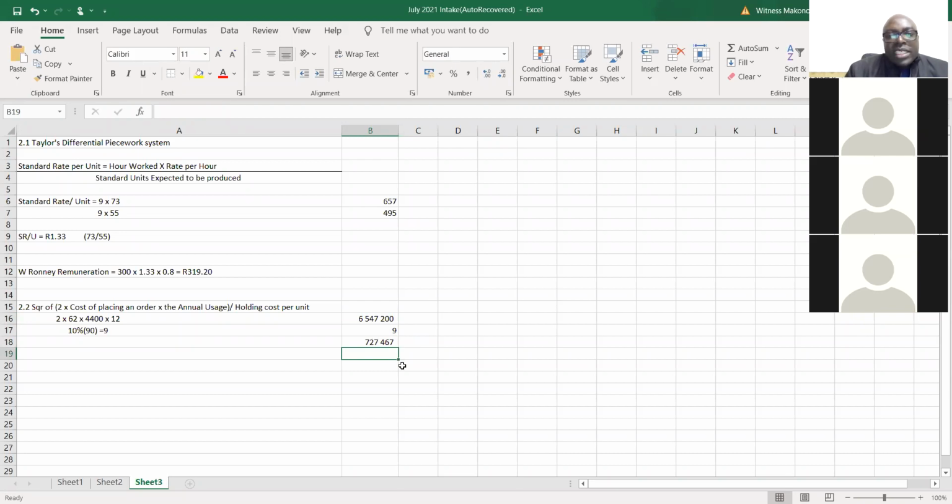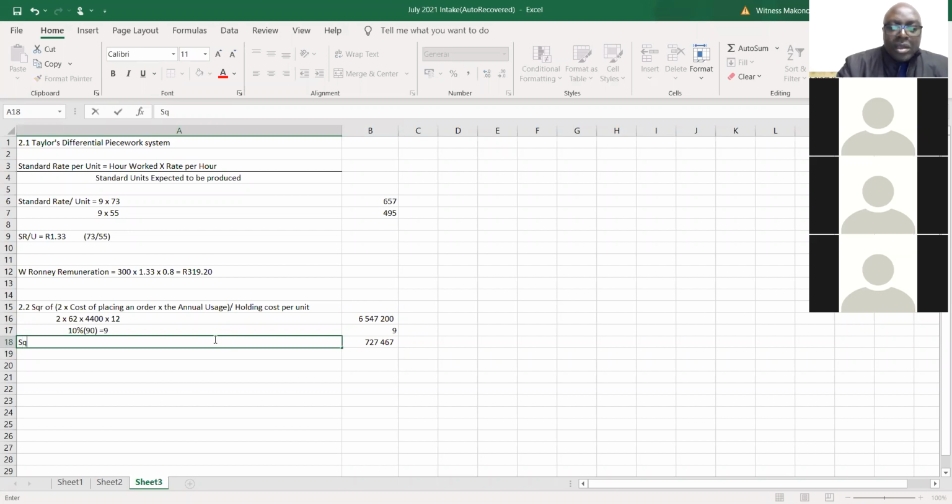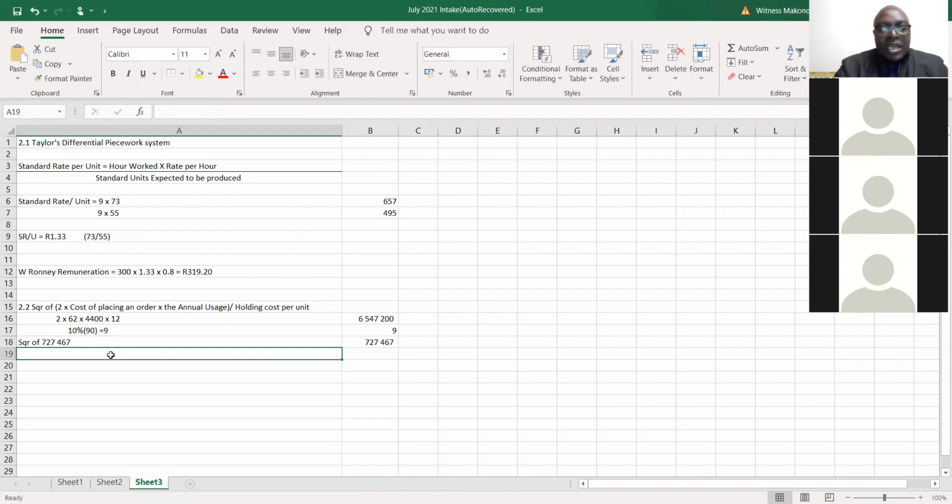So it's the square root of 727,467. What is the square root? Economic order quantity equals the square root.